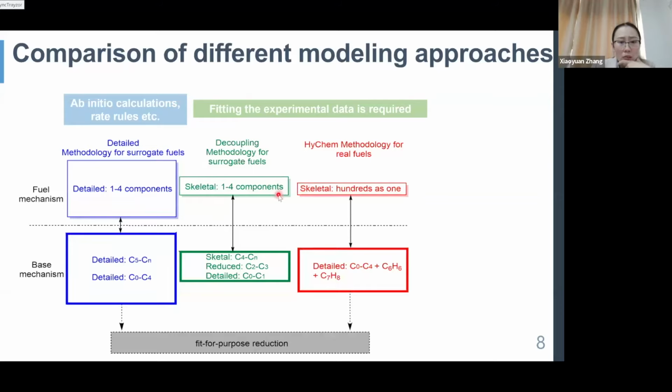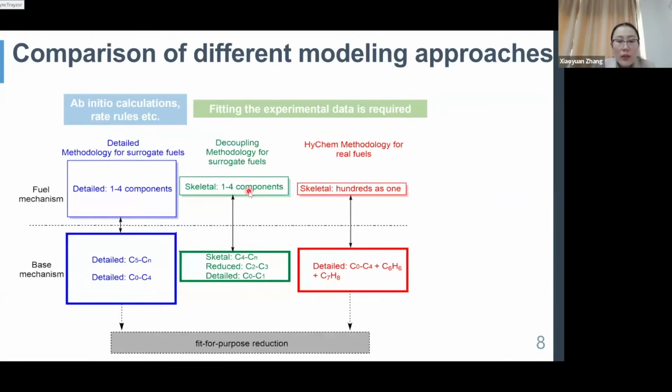However, since the model parameters in the lumped models in these two methods are obtained by fitting the experimental data, it is not as predictive as the detailed model, because in the detailed model we obtain these model parameters from ab initio calculations or rate rules.